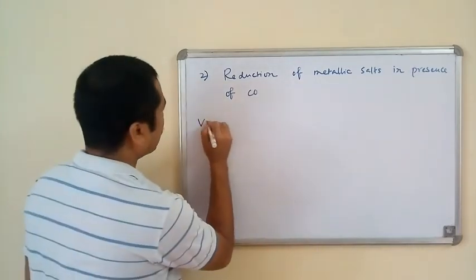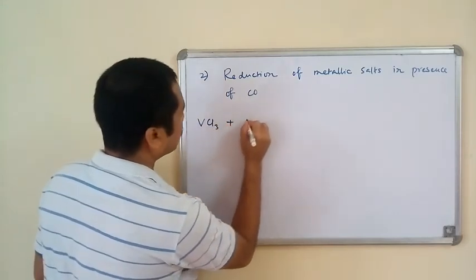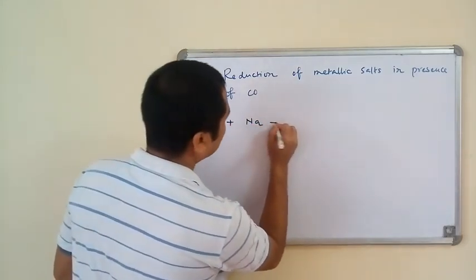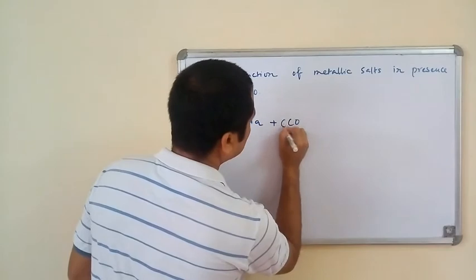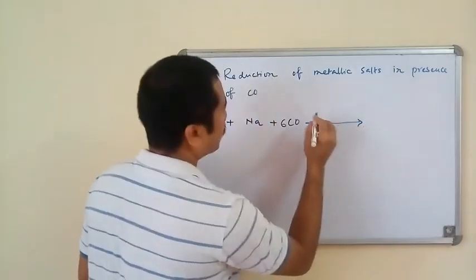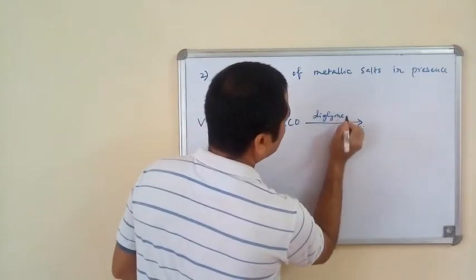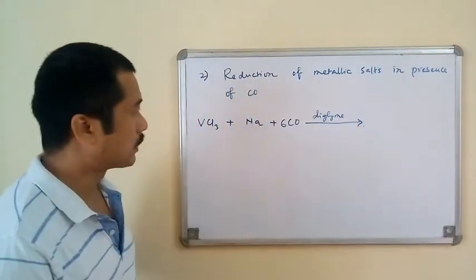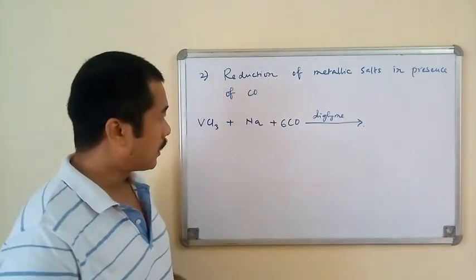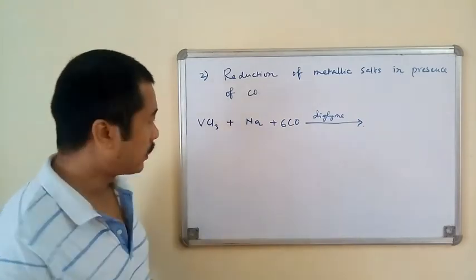We will see one example where VCl3 is reduced by sodium in the presence of carbon monoxide, and you need to do the reaction in a solvent, that is diglyme, dimethoxyethyl ether.